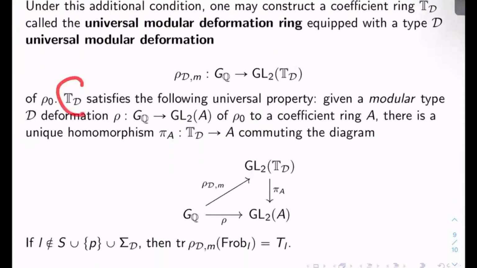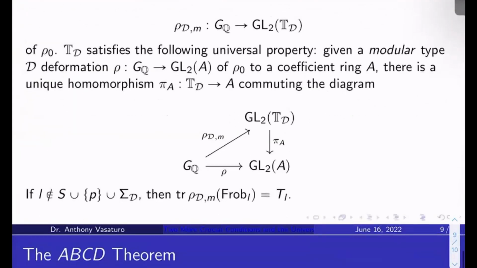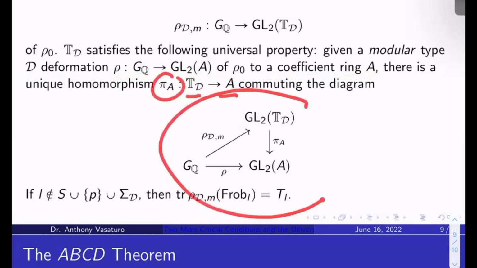So this is like a universal deformation, but it's also modular. And as you might expect, T_D satisfies a universal property just like R_D did. Given a modular type D deformation, not just any type D deformation now, but a modular one, ρ from G_Q to GL₂(A) of ρ₀ to a coefficient ring A, there's a unique ring homomorphism π_A from T_D to A, commuting the following diagram.